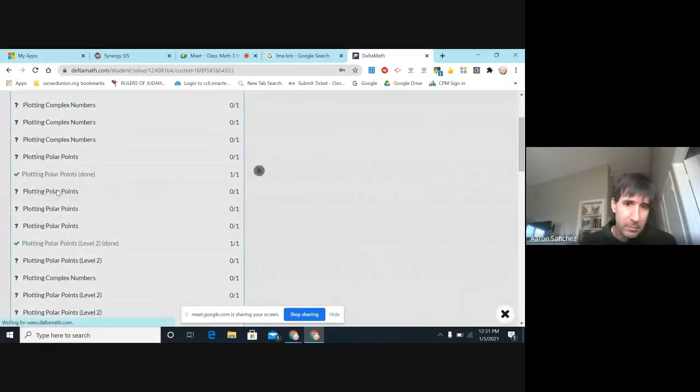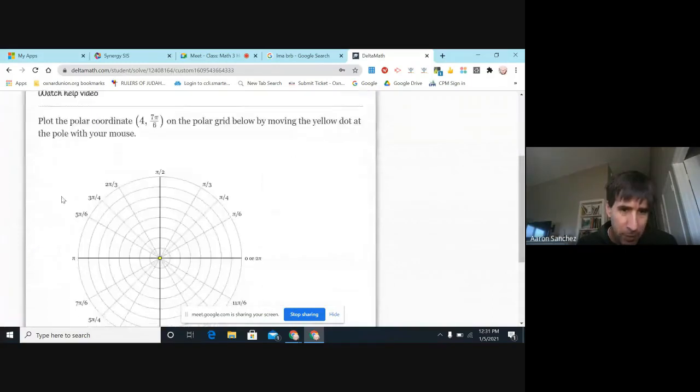So remember, polar form is this right here, 4, 7 pi over 6. What that means is we go over the angle. I'm going to go over 4. 4 is the radius, 1, 2, 3, 4 is the radius, and then I open my angle, staying on that circle, all the way to 7 pi over 6.